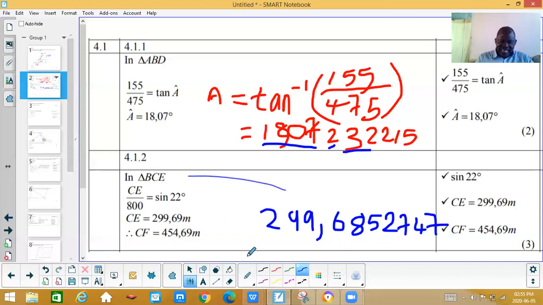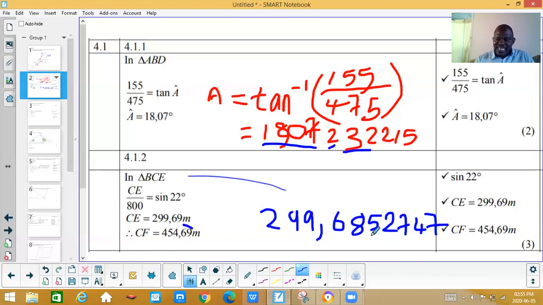Now, when you look at this one, you are saying this is your CE, but you cannot leave it without units. Definitely, from our previous analysis, we realized that if we are not told to how many decimal places to round off, you will be guided by the units. The units that we are using here are meters.